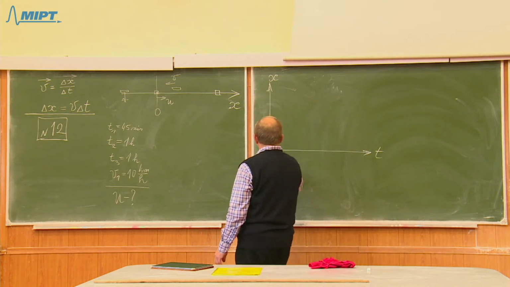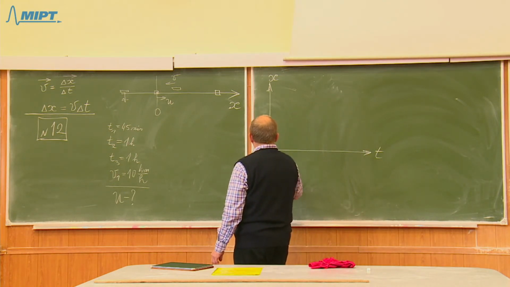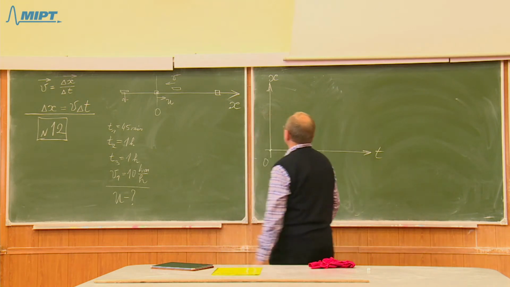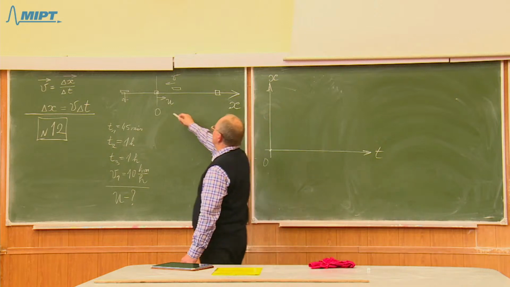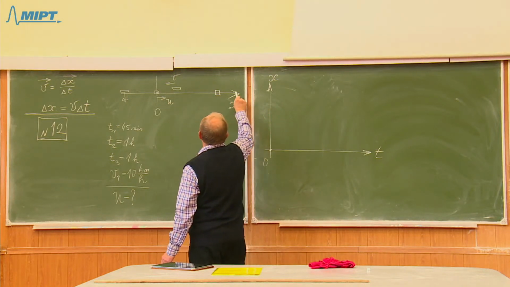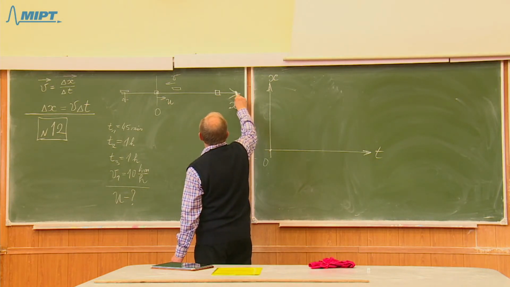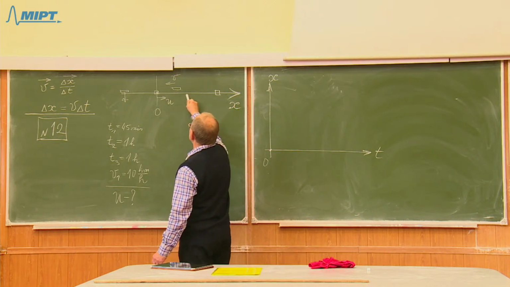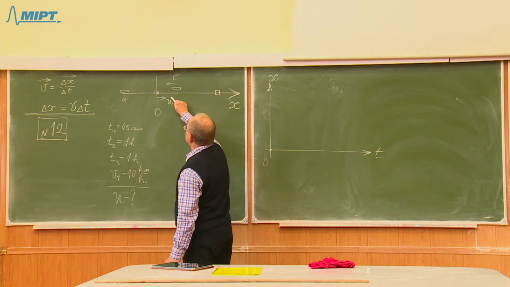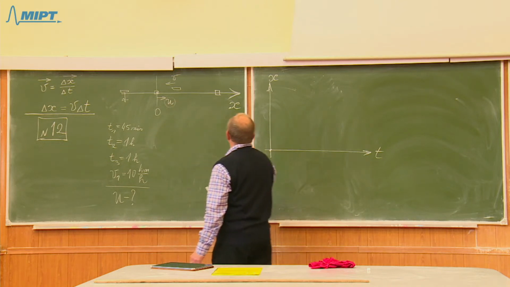So that will be the initial point in space and time where they met. And the raft goes downstream, that is, along the positive direction of this x-axis. The raft goes downstream at the velocity of the river flow.